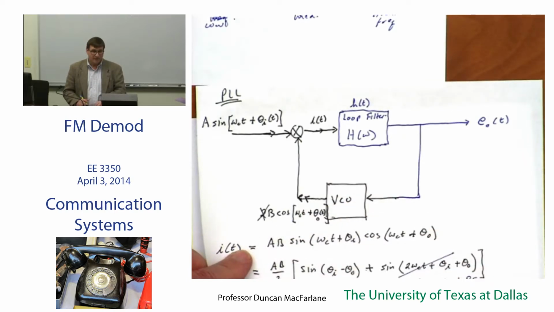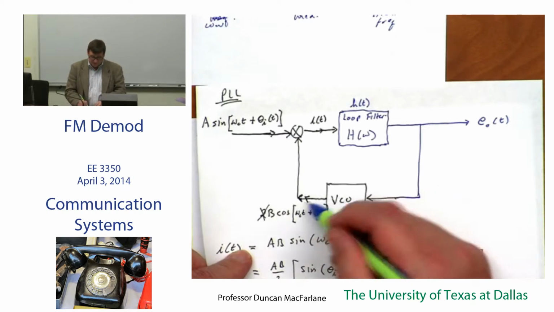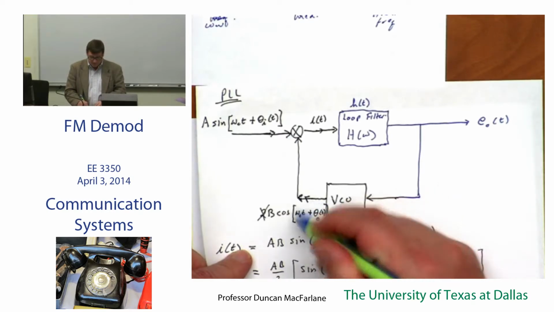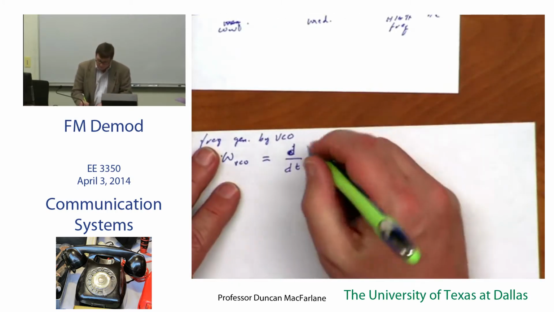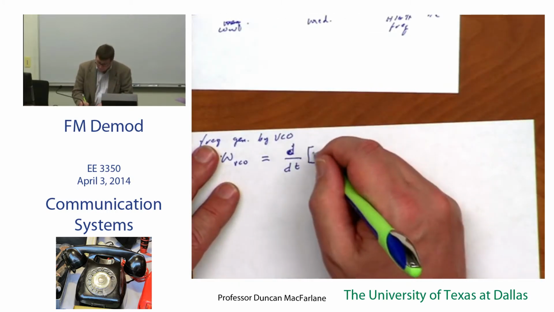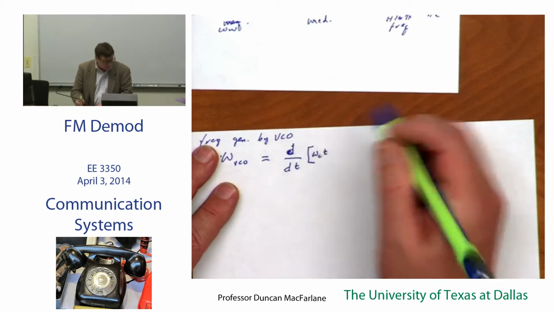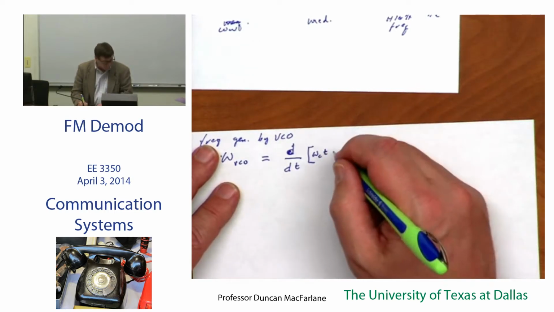Okay? The frequency that comes out of the VCO is going to be the instantaneous frequency of that guy there. The instantaneous frequency of that guy there is found by taking the derivative of all the stuff that's inside the brackets of that cosine term.